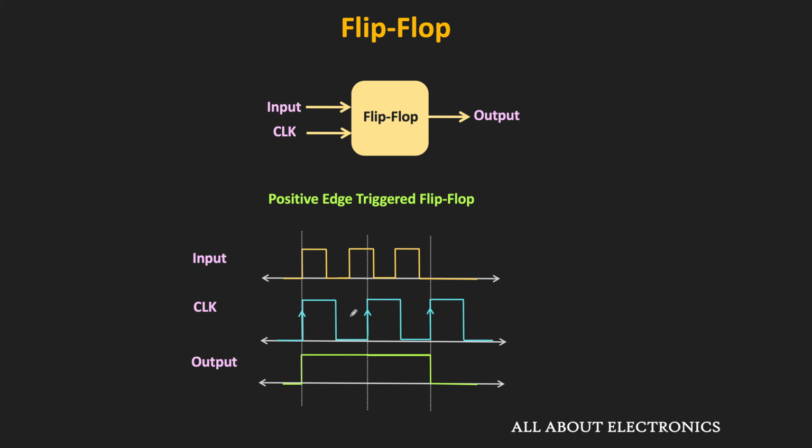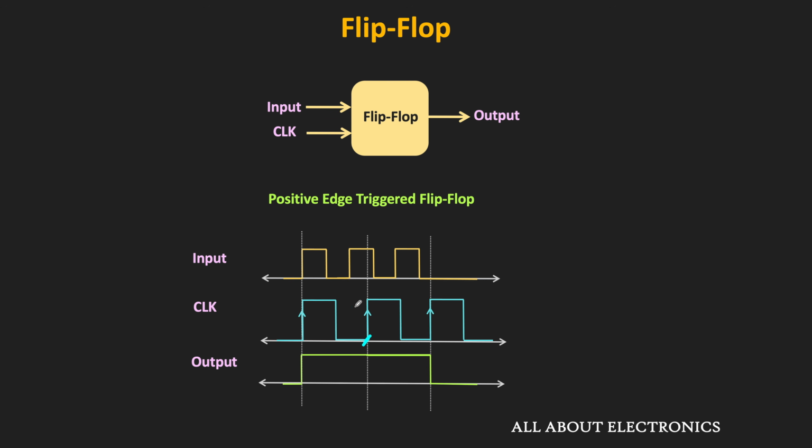As you can see, at the first rising edge, the input is high. That means the output will also become high. But now, the flip-flop will respond to the input at the next rising edge. Until then, it will retain its previous state. That means in this case, until the next rising edge, it will remain high. That means up to this point, the output of the flip-flop will remain high. Now once again, at the next rising edge, the input is high again.